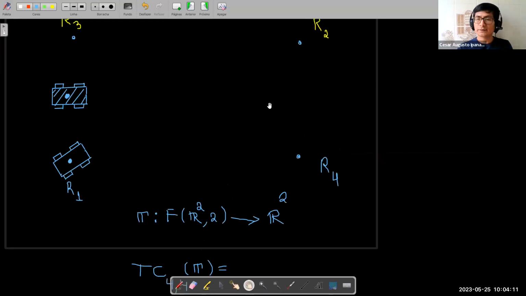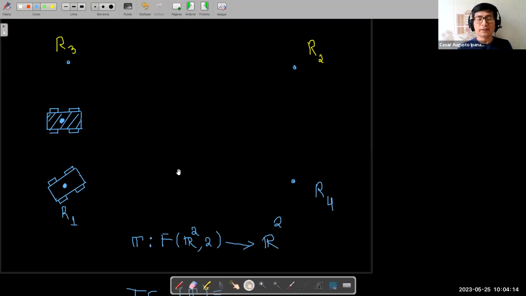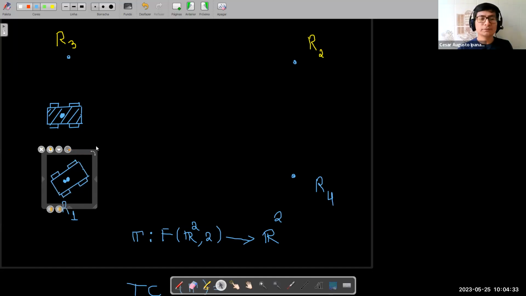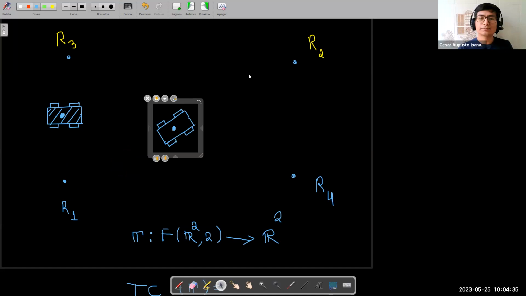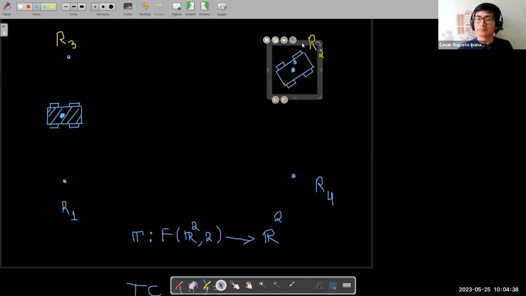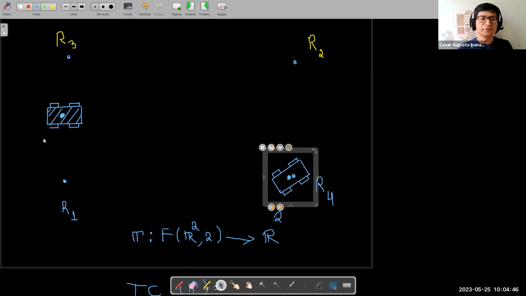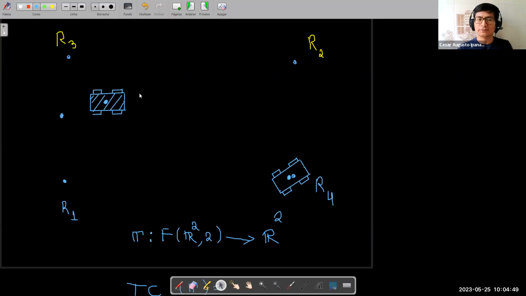This is the complexity for this situation. It's easy to find an algorithm. That algorithm needs to move this robot first, then go to R3, then go to R4. Obviously, simultaneously, this obstacle moves.